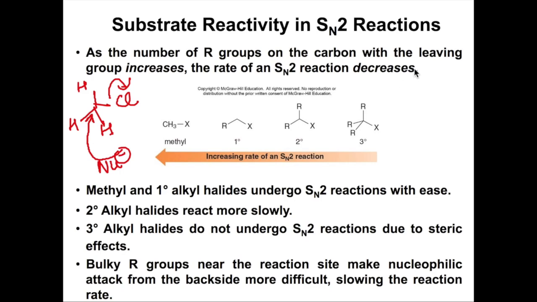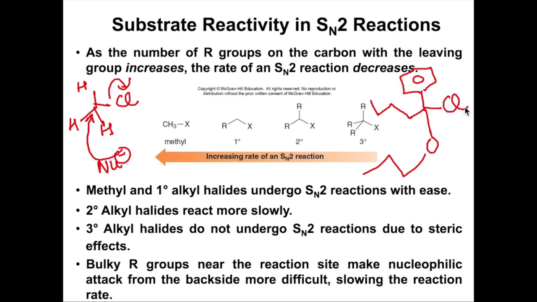But if we go to the other extreme, imagine you have, I don't know, a big ring here, and here maybe a chain, and here another big molecule, and here finally you have your leaving group. So let's try again.